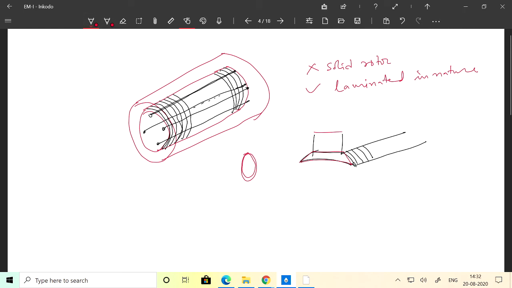This entire thing is the pole, and this is the pole shoe.